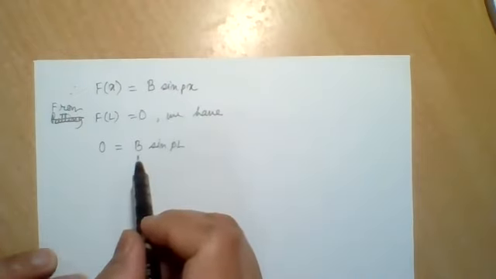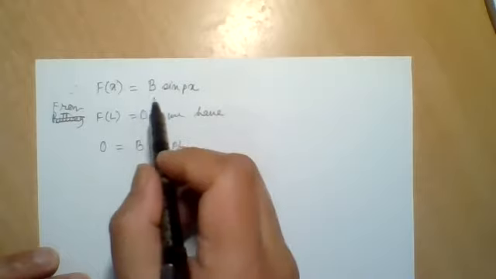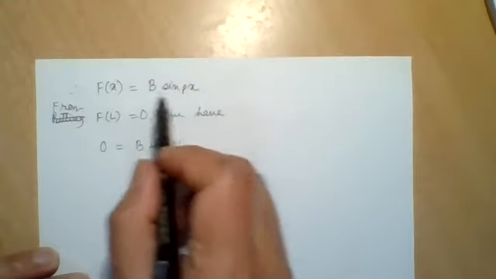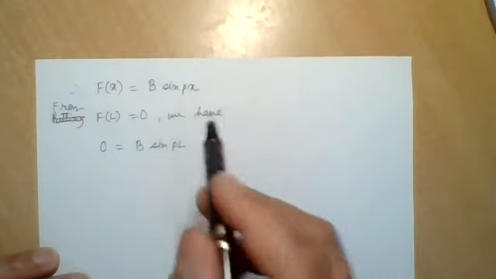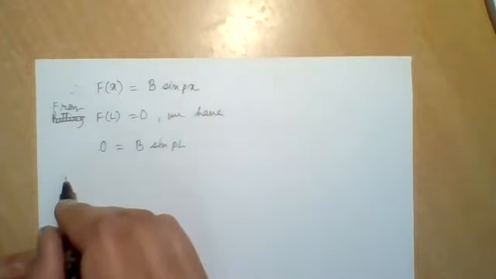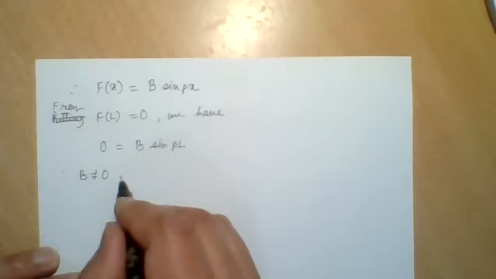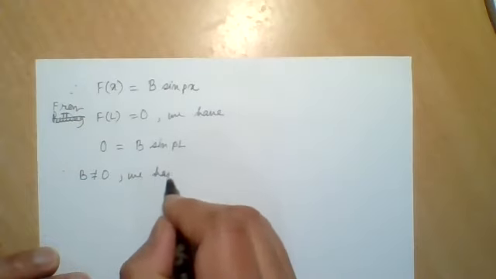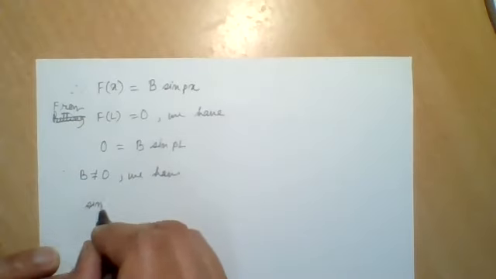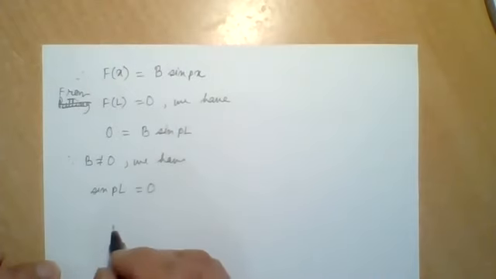And b cannot be 0, because if b is 0, then this solution will always be 0. So what is the only possibility left? The only possibility left is sine pL is equal to 0. Since b is not equal to 0, we have sine pL equal to 0.